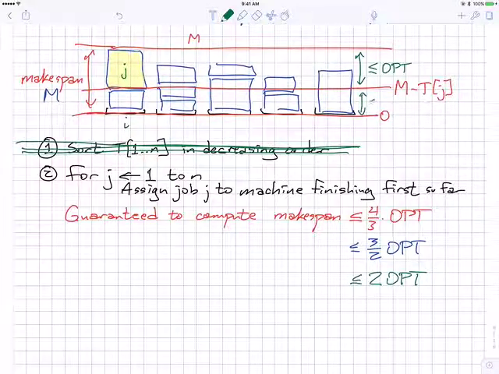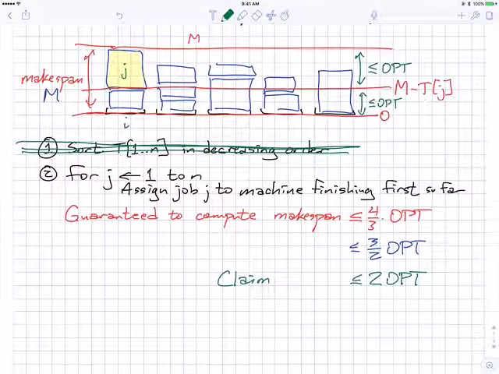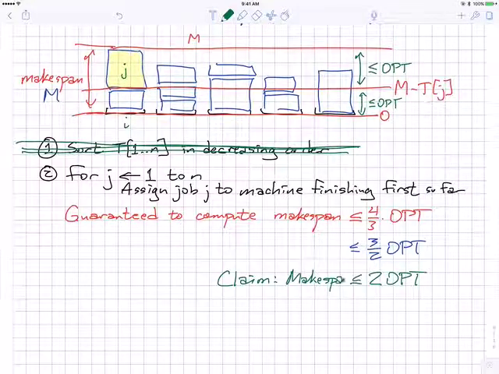And this amount of time is also less than or equal to the optimum makespan. So, claim: the makespan computed by this algorithm is at most 2 times opt. Okay, so proof.